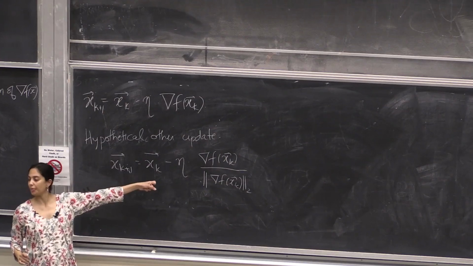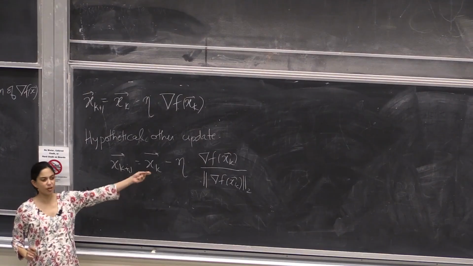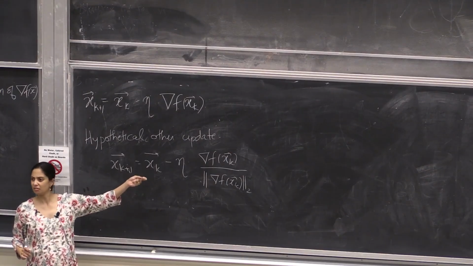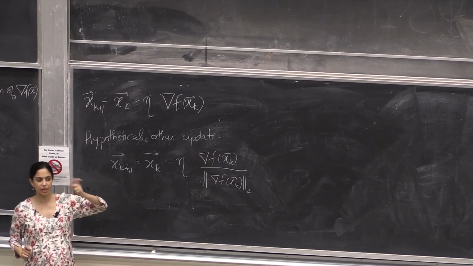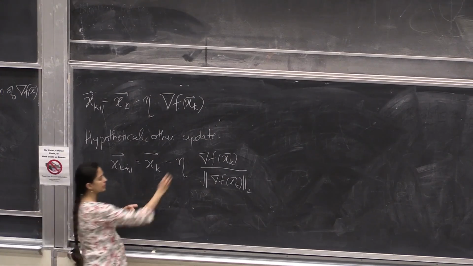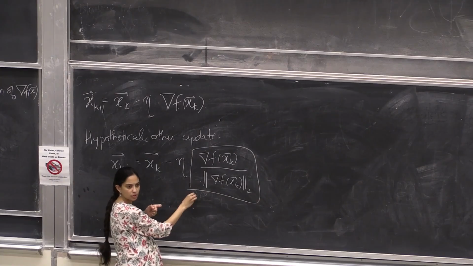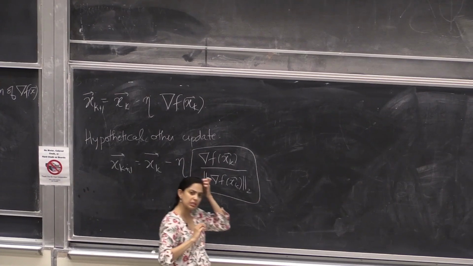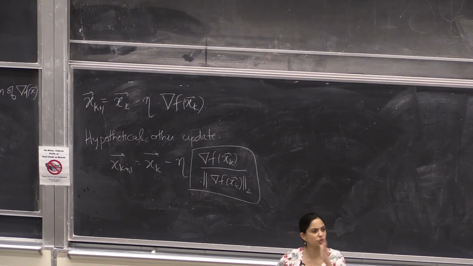So this is another hypothetical update rule that I could use. Am I moving in the direction of the negative gradient in this? I am. But the step size that I'm taking is changing. So now what is the magnitude of this normalized term? It's 1. So what is the size of the step that I take at every single time point? It's always eta. It doesn't change based on k, ever.